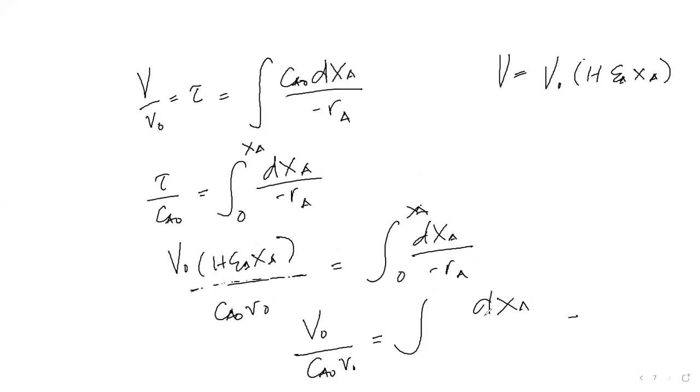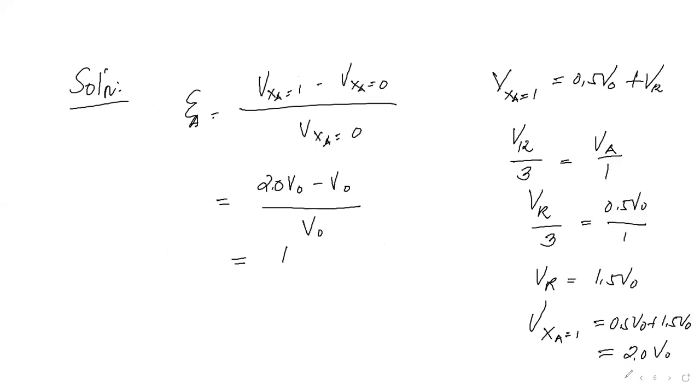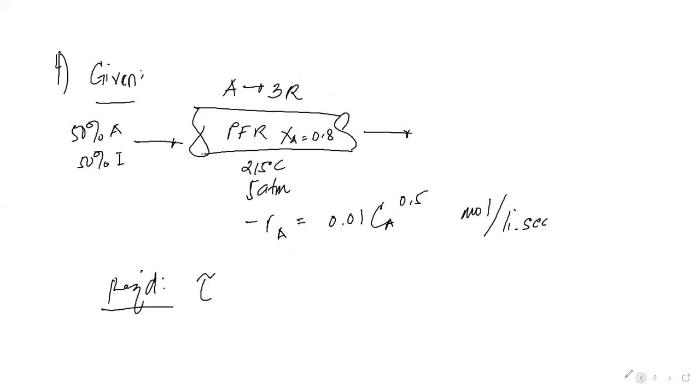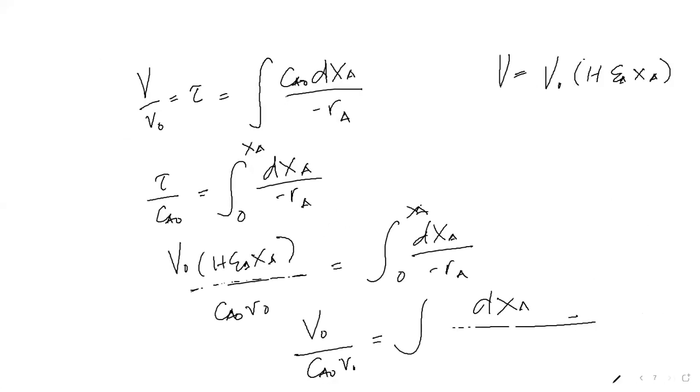Now your rate expression in this particular problem is 0.01 CA raised to 0.5, to be multiplied to 1 plus epsilon A XA.